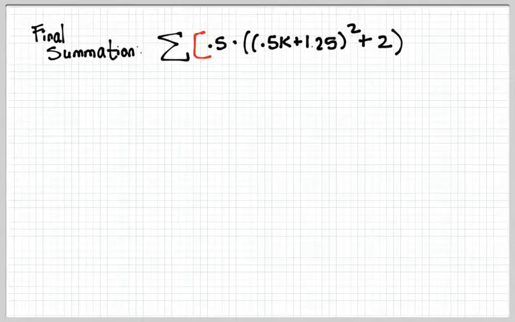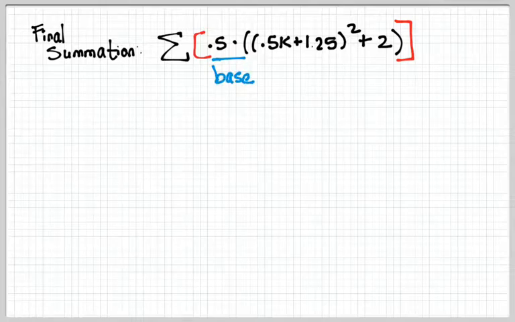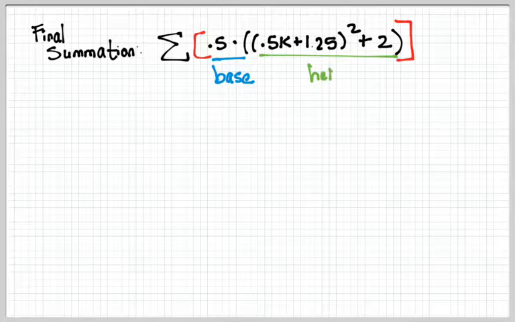And I'll show you why I have so many parentheses here. Got a couple things going on. 0.5 is my base. And all of this is my height.